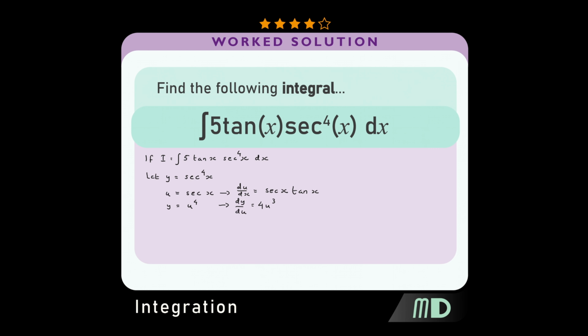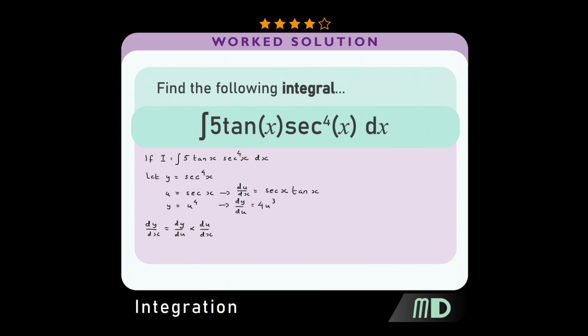Now we can apply the chain rule, which tells us that dy by dx is equal to dy by du multiplied by du by dx.